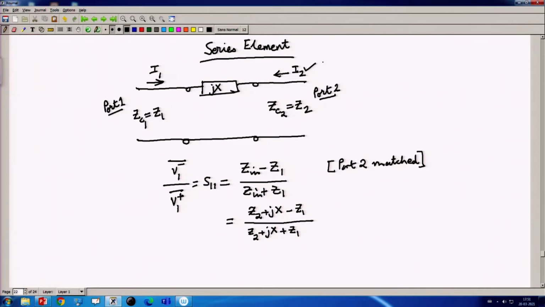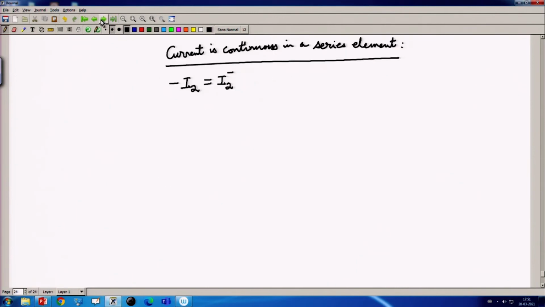So it will be minus of I 2 minus. So we can write minus of I 2 is I 2 minus, and that will be equal to I 1 because of the continuity of the current.